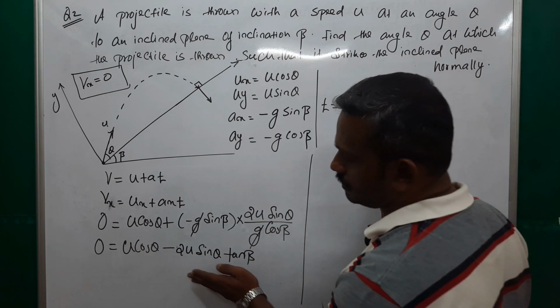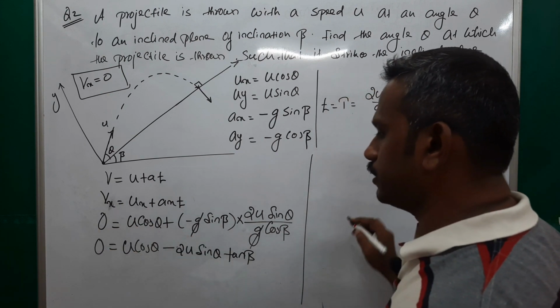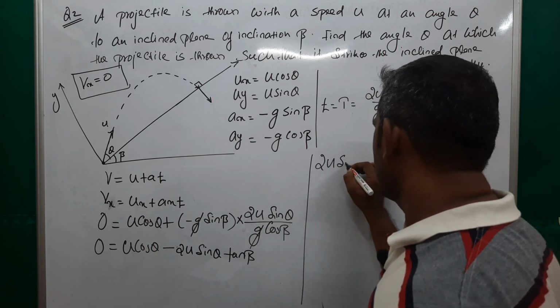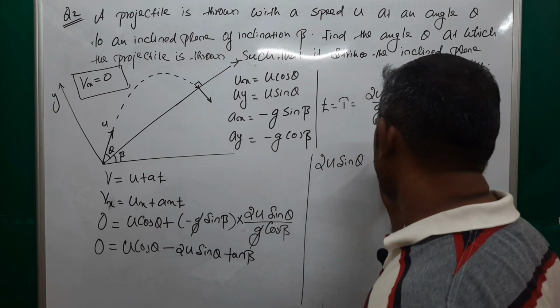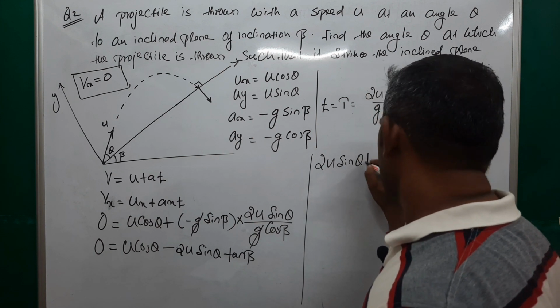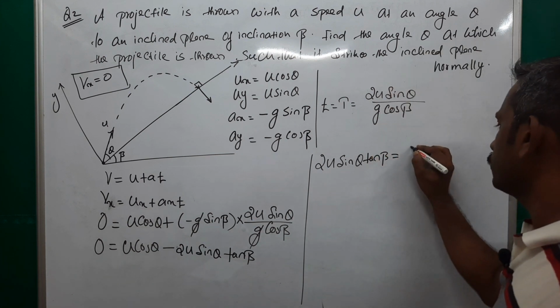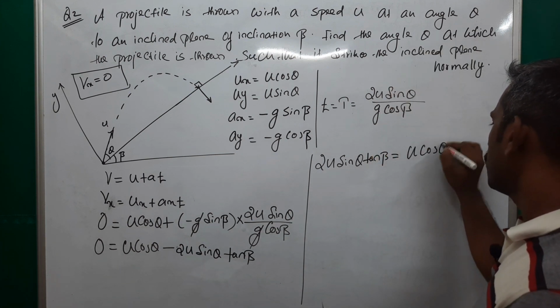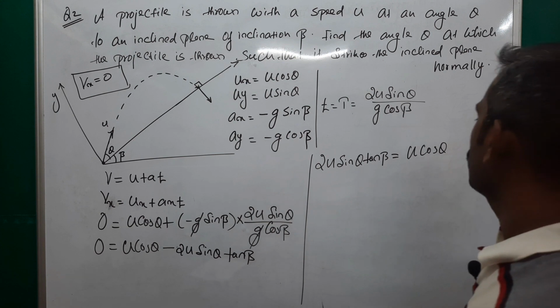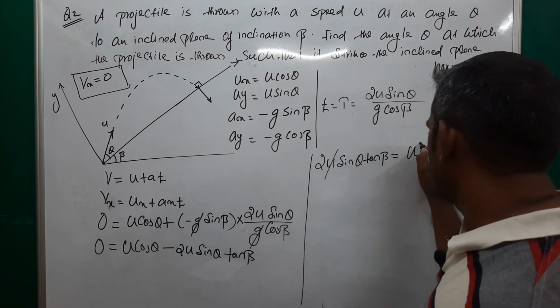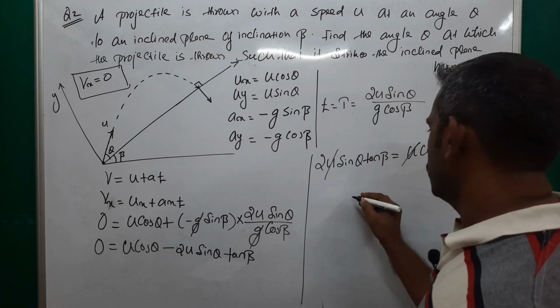Bringing this minus term to the left hand side, we get 2U sin theta tan beta is equal to U cos theta. So U gets cancelled.